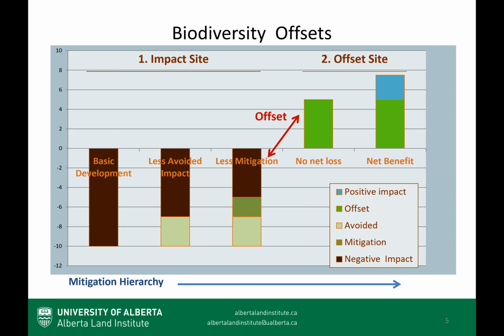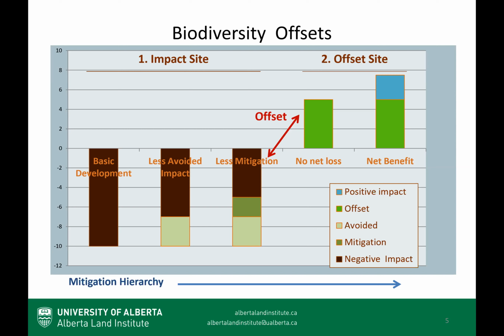This graph shows a couple of things. The importance of the mitigation hierarchy is, I think, that offsetting should not be used to in any way lessen the rigor or the effort that is put into avoidance and mitigation. It should also not be used as a pretext for approving projects that would not otherwise be approved.